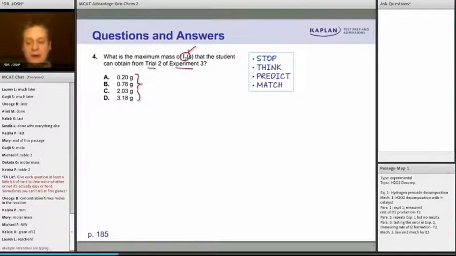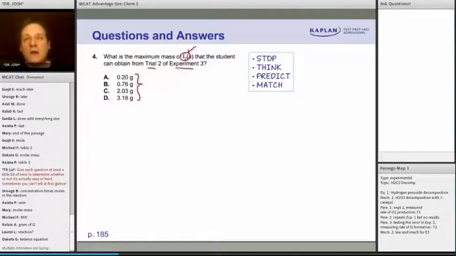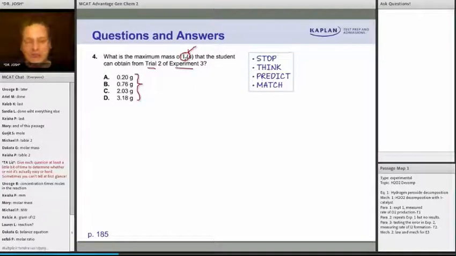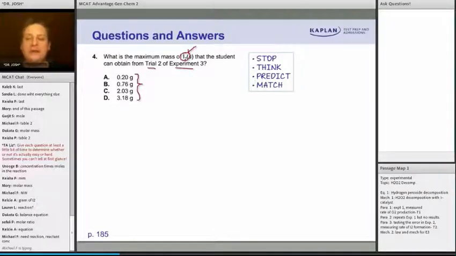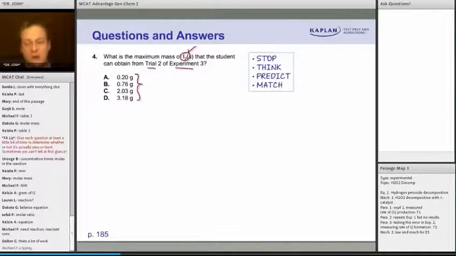I need molecular weight. But think about it. Do I need anything else to get moles of I2 and grams of I2? How much information do I need to solve for that? What do we need to set up? One, we need a reaction and we need to balance it so we can get that molar ratio. Absolutely. What else do you need?